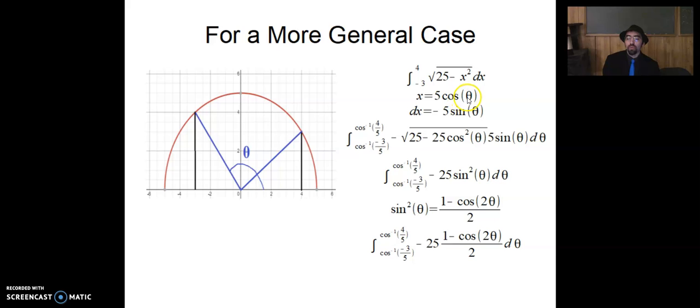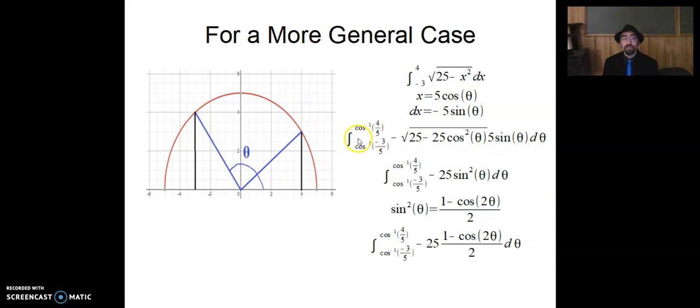Now when I do my substitution, getting my integral in terms of theta rather than x, my bounds also need to change. If my bounds are -3 and 4 in terms of x, then in terms of theta, that's inverse cosine of -3/5 and inverse cosine of 4/5, right? If x equals 5 cosine theta, then theta equals inverse cosine of x/5. Divide by 5, take the inverse cosine, and I've isolated theta.